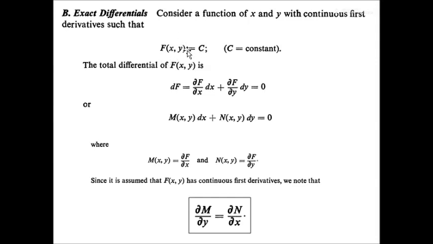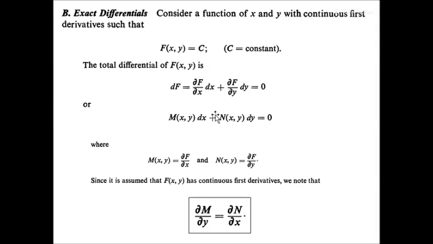Now the total derivative of this function must be 0, so df will be equal to 0, and this total derivative df can be written as del f by del x into dx plus del f by del y into dy, and obviously as c equal to constant, total derivative of this equation will be 0.